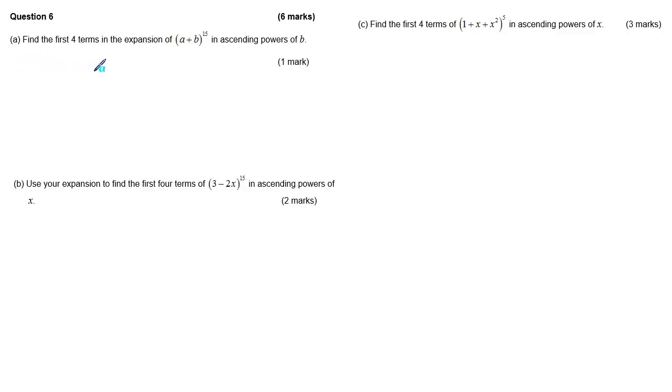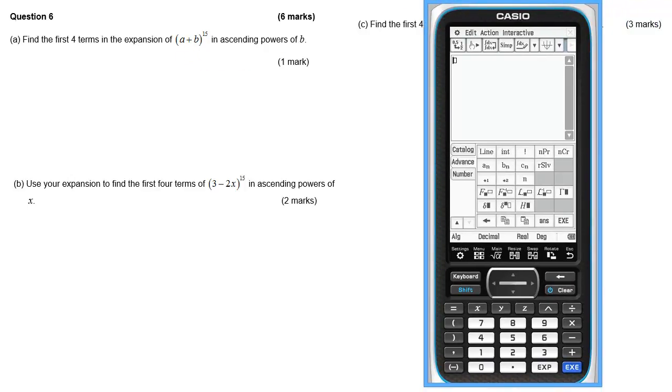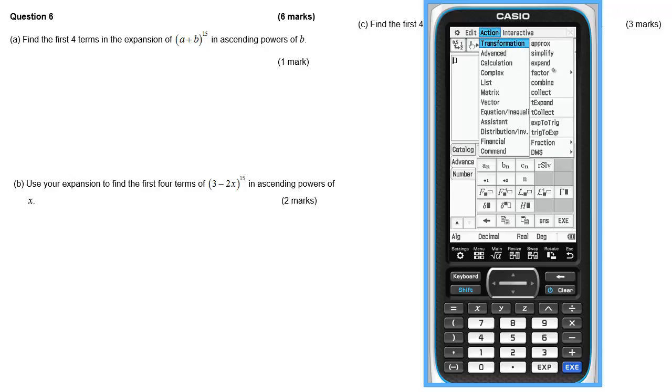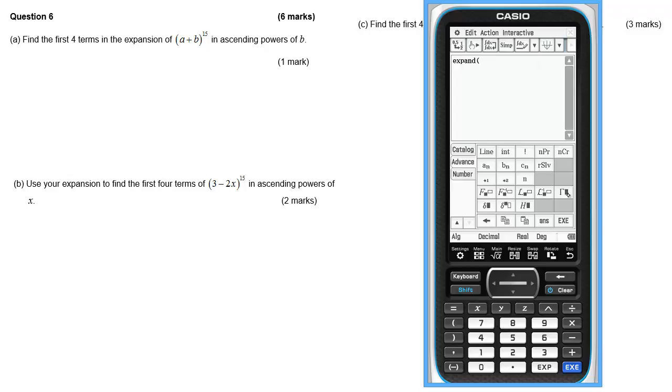Find the first four terms in the expansion of (a + b)^15 in ascending powers of b. Now your calculator will quite happily expand for you. So action, transformation, expand.